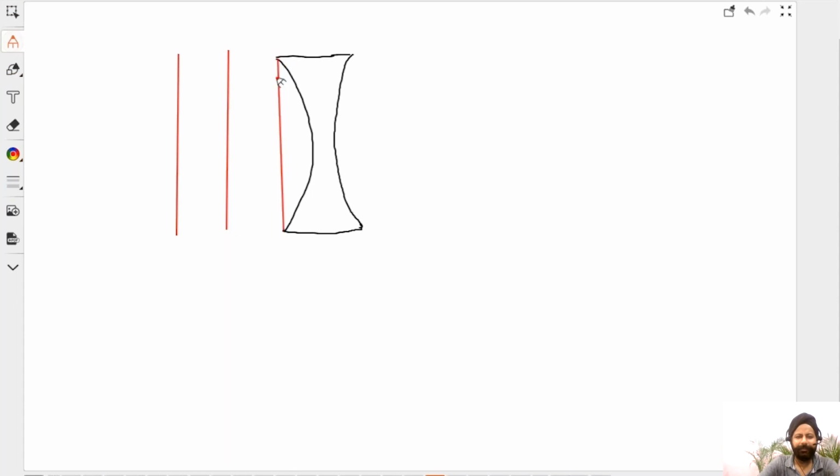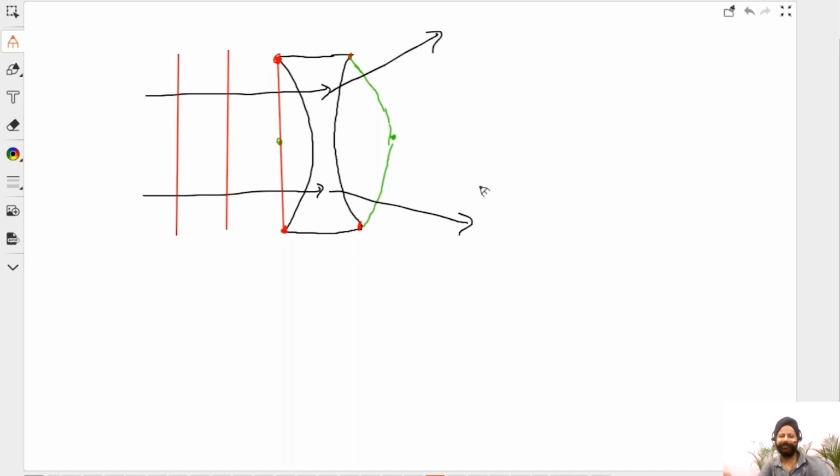Look what happened. These ones are traveling in glass. So by the time they reach here, the center one would have moved very forward because it's traveling less in glass. So it moves here. So what happened just now is your parallel wavefront has become this shape. But now if you talk of the rays of light, the ray of light was this, the ray of light was this. Now it has to be perpendicular to that. So yes, it is a diverging lens.